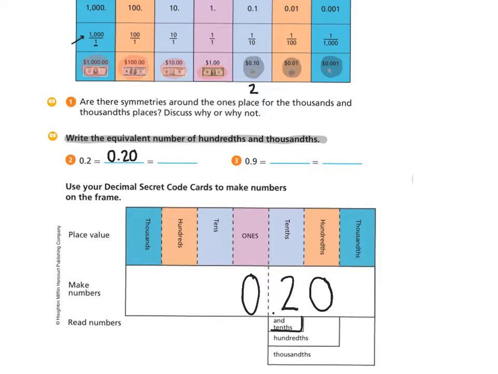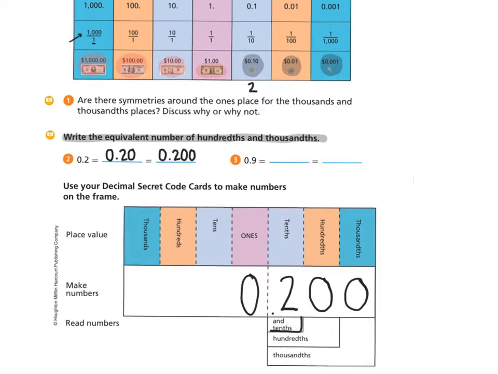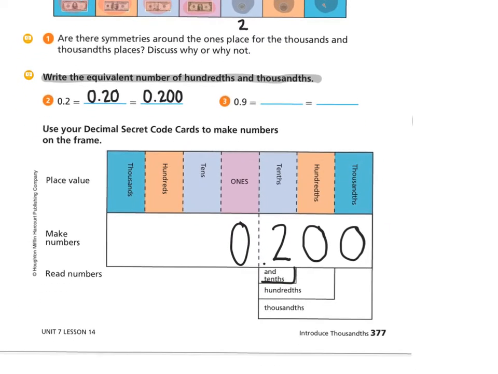In the same way, if I wanted to create a thousandths that's equivalent, I know some of you guys know exactly where I'm going to add another 0. And I would read that 0 and 200 thousandths. Remember, I always say the value of the last number there. So 200 thousandths.